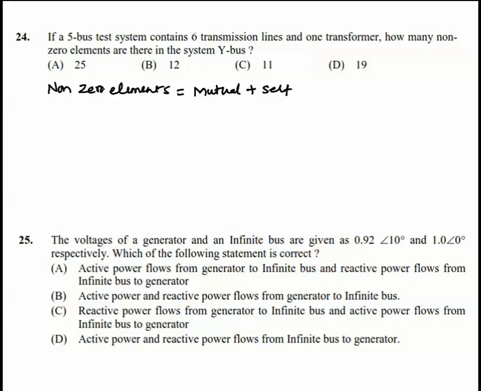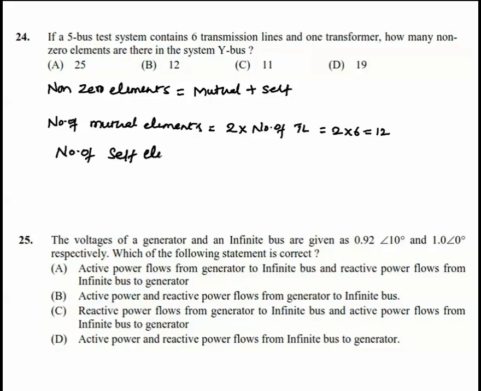The number of mutual elements is 2 times the number of transmission lines, that is 2 into 6, which is 12. The number of self elements: we have 6 transmission lines plus 1 transformer, so 7. So the total number of non-zero elements is 12 plus 7, that is 19.